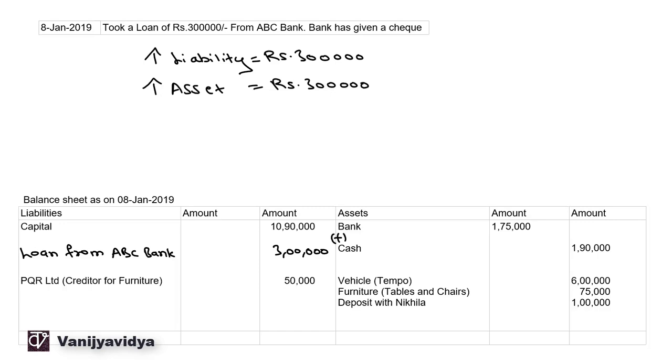So add check received or deposited in the bank, that is 3 lakhs. So your bank balance will be 4,75,000. So the total of your liability side is 14 lakh 40,000, and total of your assets is 14 lakh 40,000.